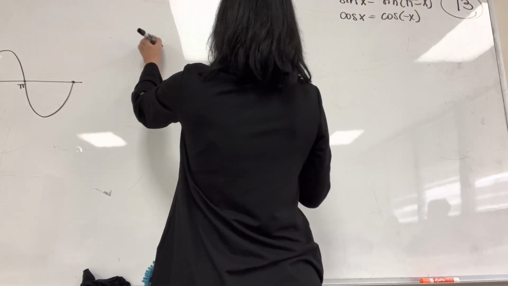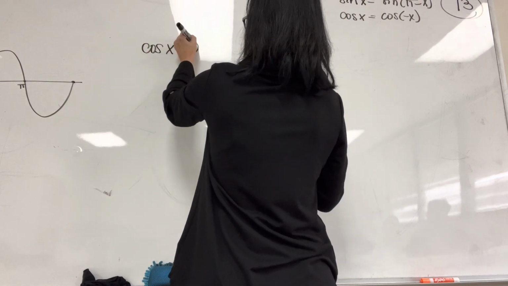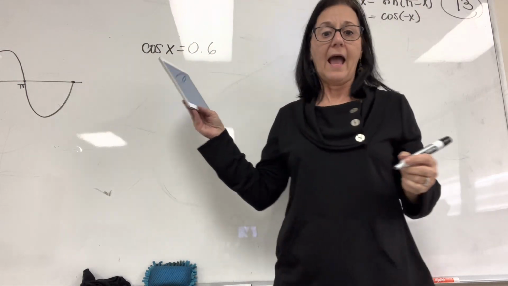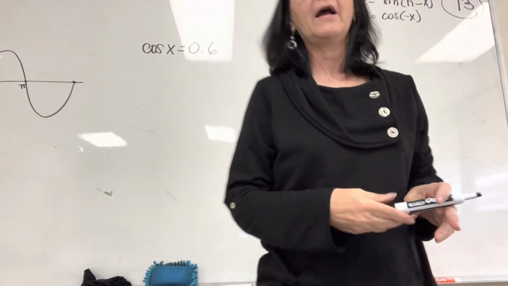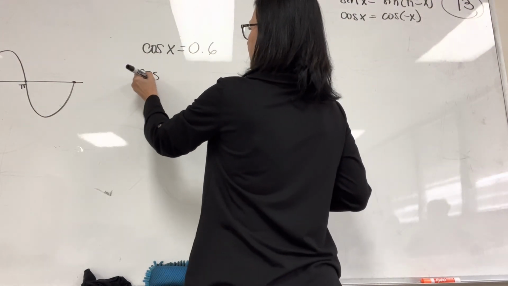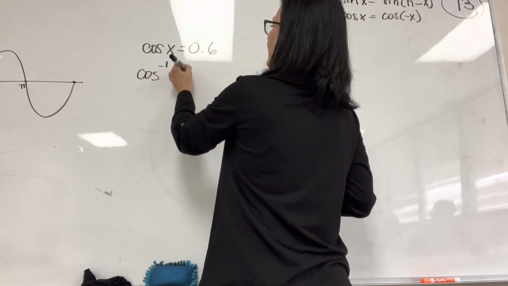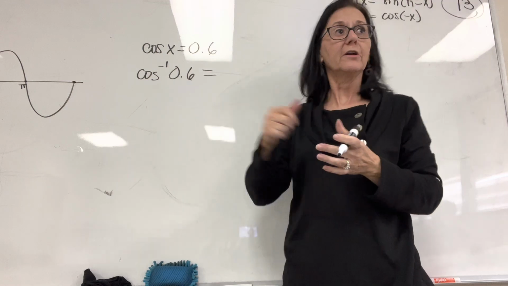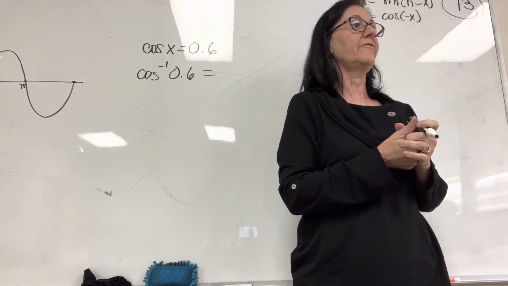So let's just work through these. If I'm looking at this one, I have to solve this by using inverses. But when I use the inverse, what quadrant am I in? Particularly for this one, the first.